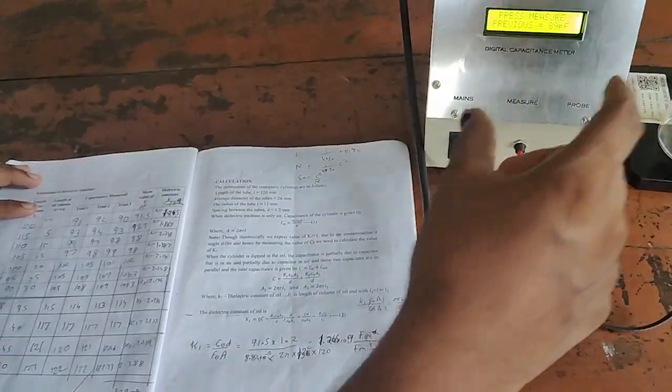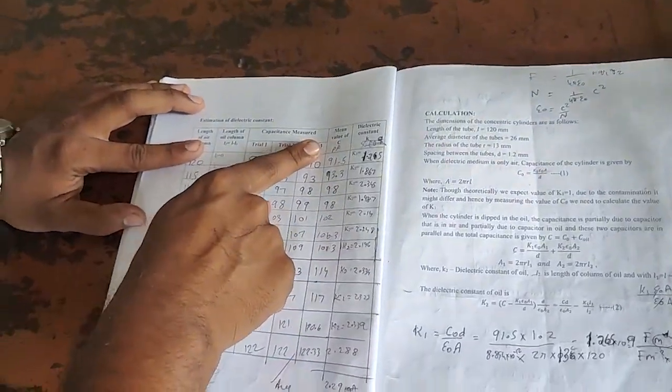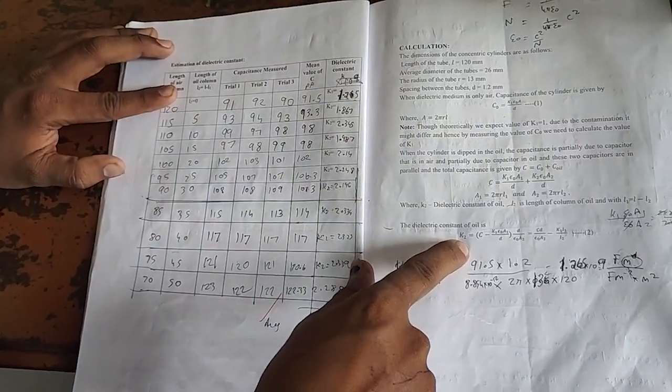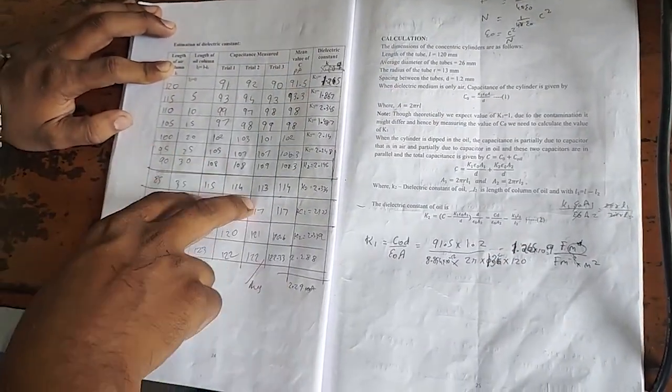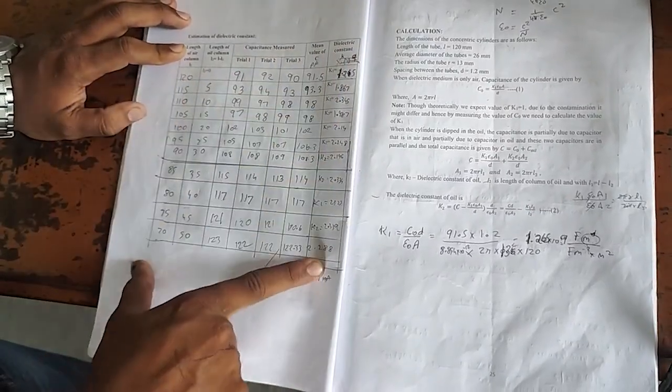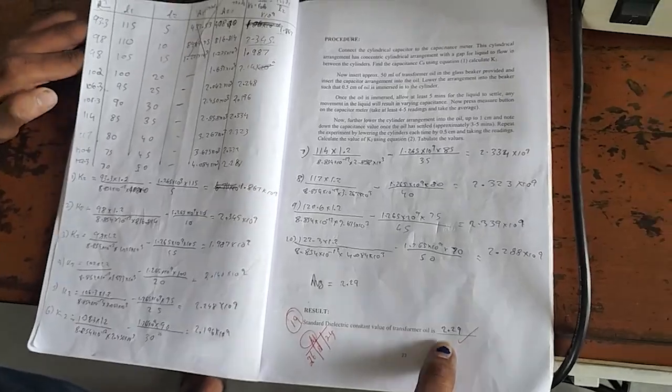For each submersion we do 3 trials, and then we take the mean value of C, and using that C value we substitute in the formula over here, and then we find the dielectric constant. We do this for 10 trials, and at the end we take the mean of it, which for me came out to be 2.29.